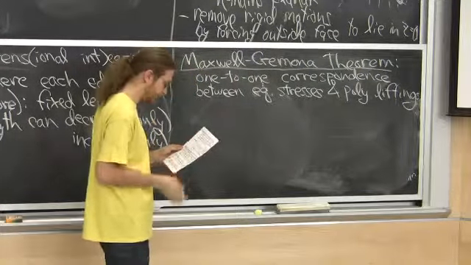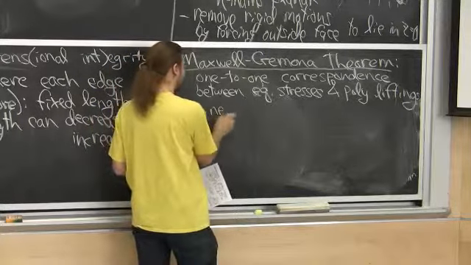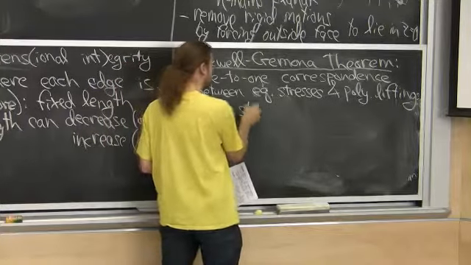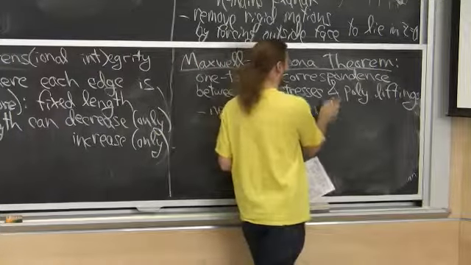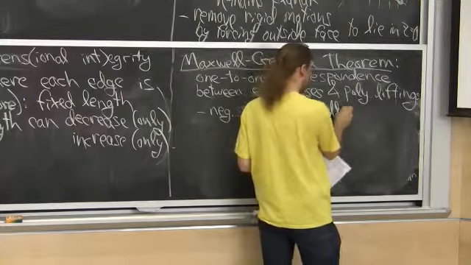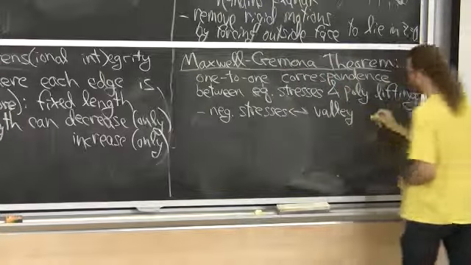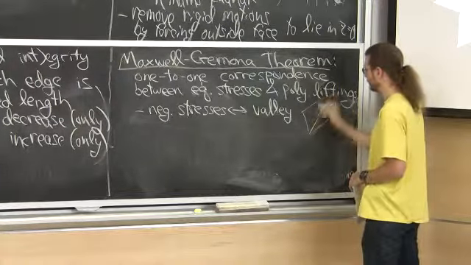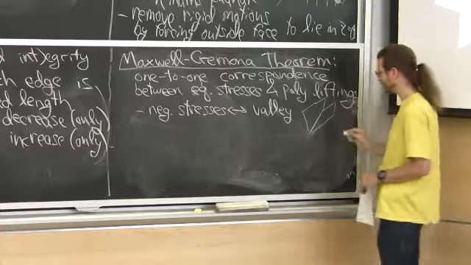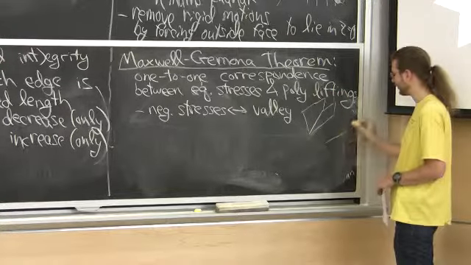And, fun fact, negative stresses correspond to valleys. Get it right, valleys. So a valley is something like this. You know what valleys are, but it's maybe a little bit subtle. We're not folding all the way here.